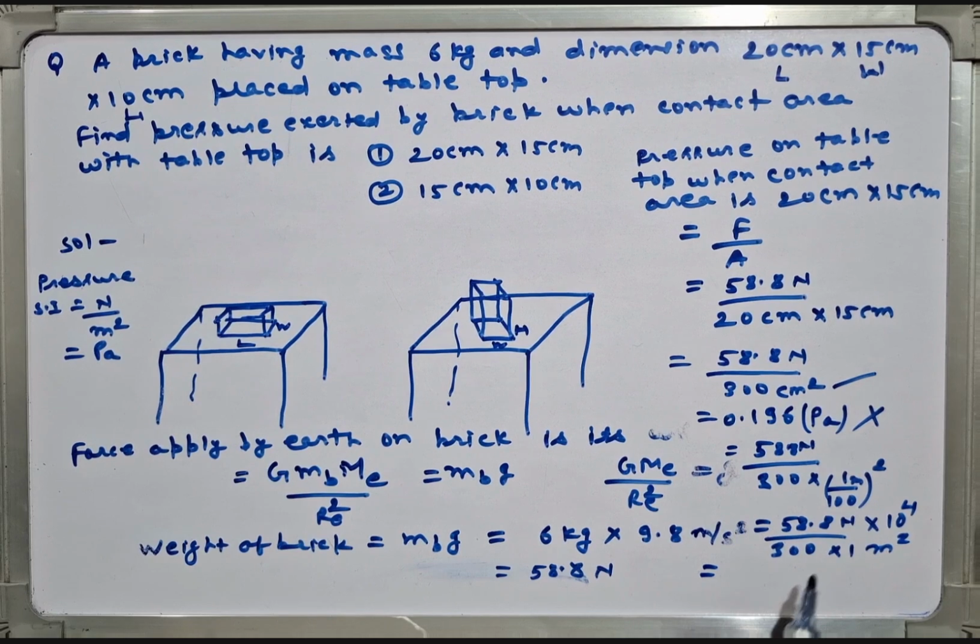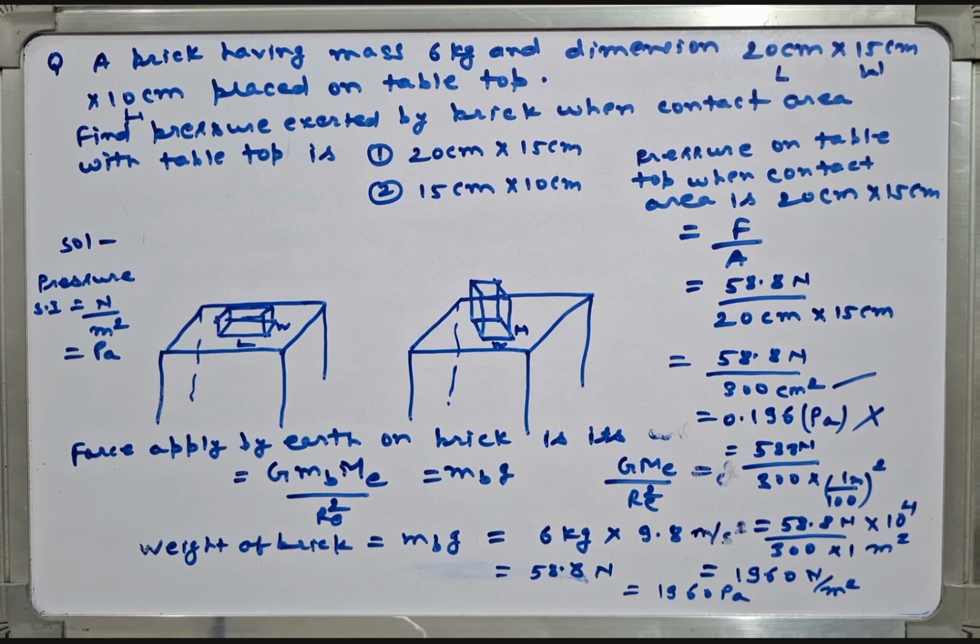When you solve this, it comes to 1960 Newton per meter square. So the pressure is 1960 Pascal in the first case.